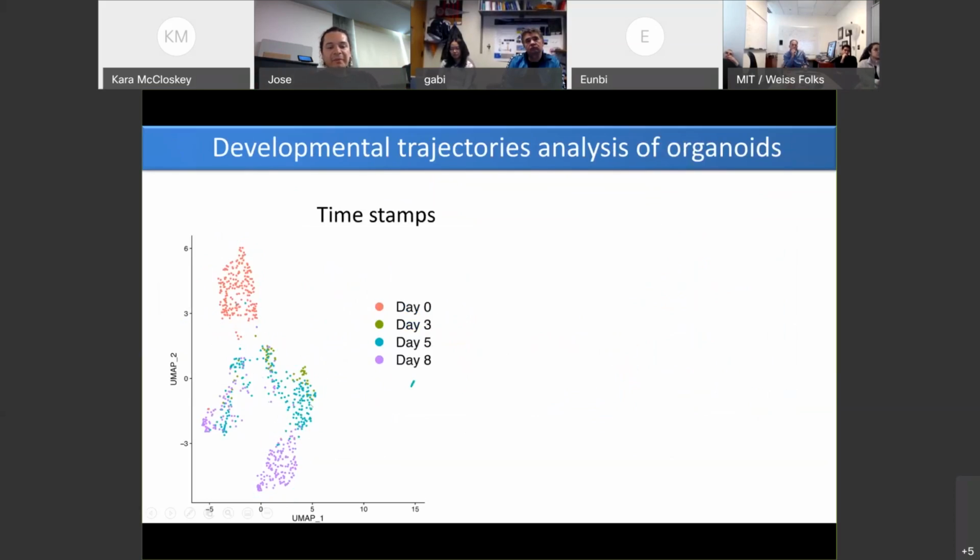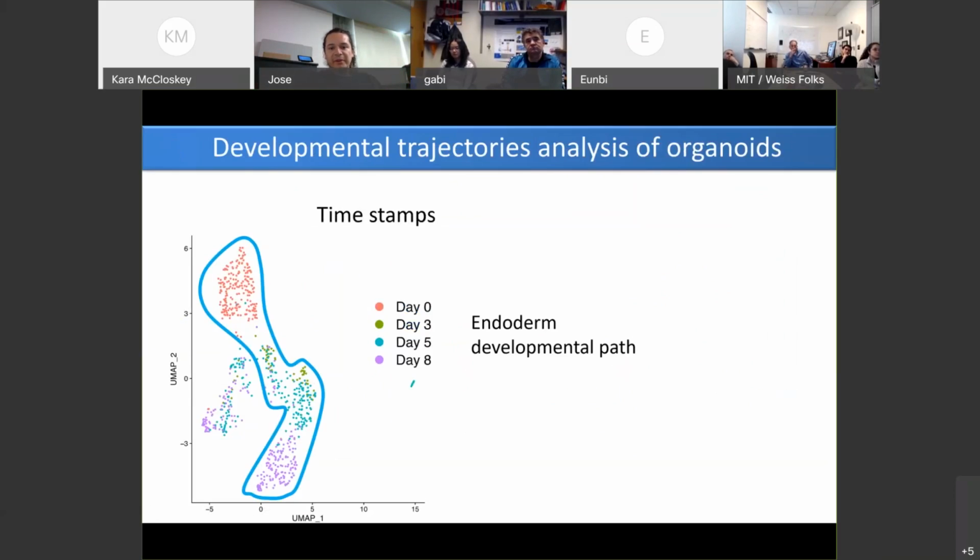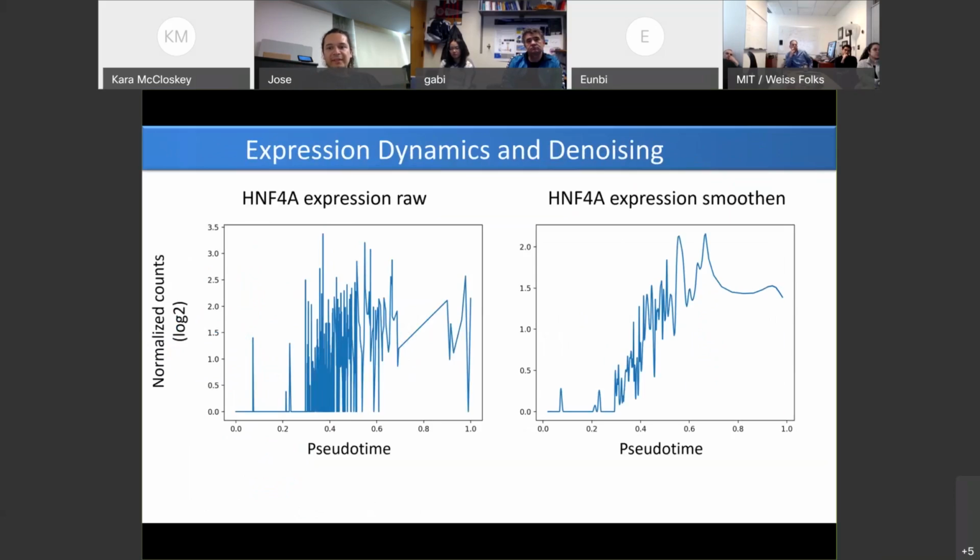You can ask which genes are differentially expressed at day 0 versus day 3 versus day 5, or if you do clustering and identify specific cell populations, you can ask for changes across them. But it's somewhat of a different way to think when you want to keep the time axis, so you want to look across the whole time course.